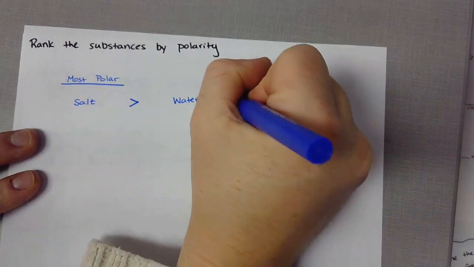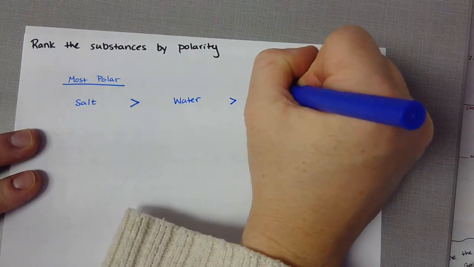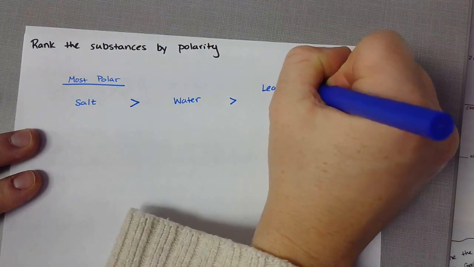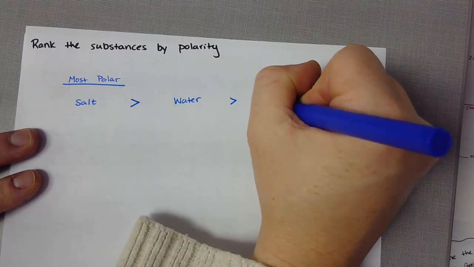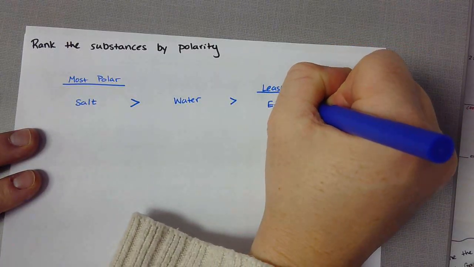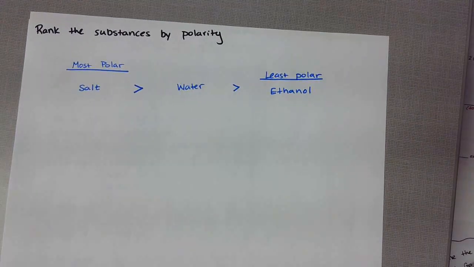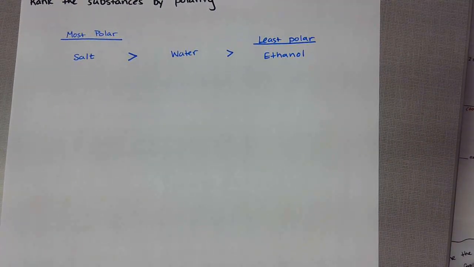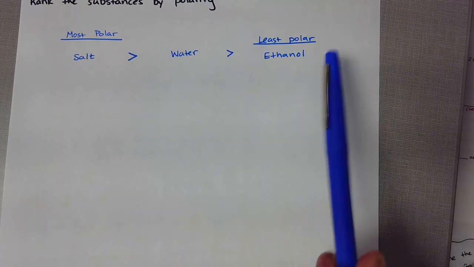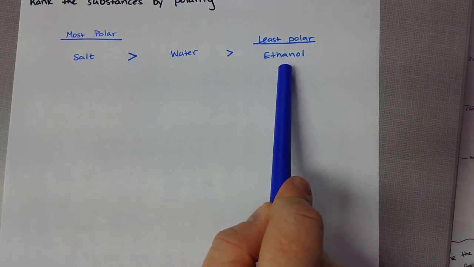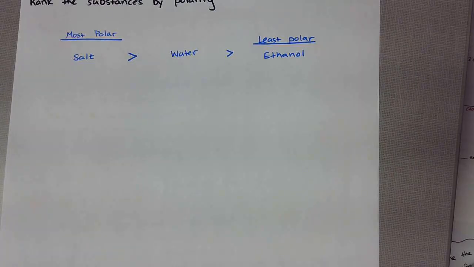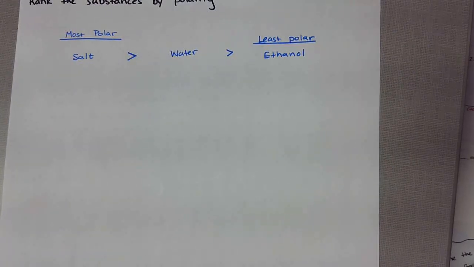And then my least polar substance of the three that we looked at today is going to be ethanol with my mostly nonpolar covalent bond. Little bit of charged region on here, but for the most part, ethanol, nonpolar.